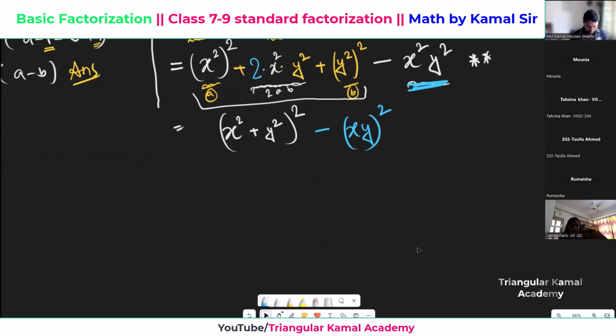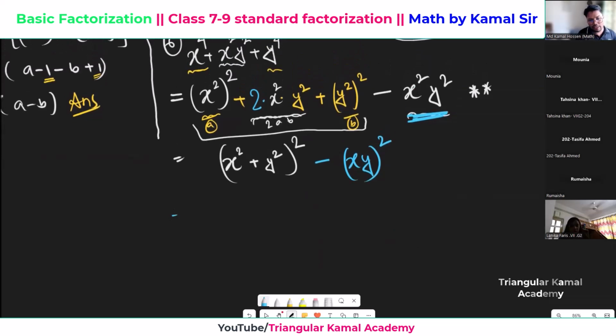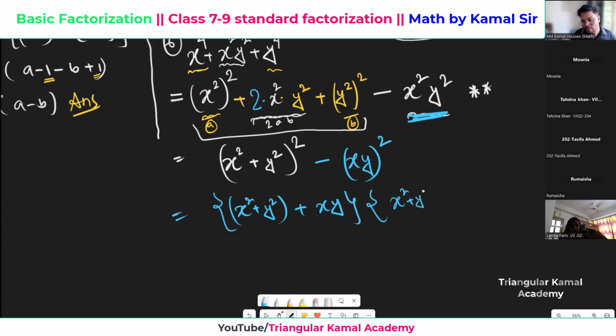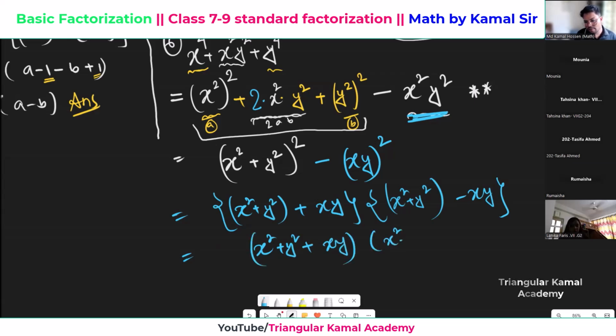So right here, this is A, A plus B. Now this is A and now this is B, A minus B. So simplify inside the first x factors: x square plus y square plus xy and x square plus y square minus xy.